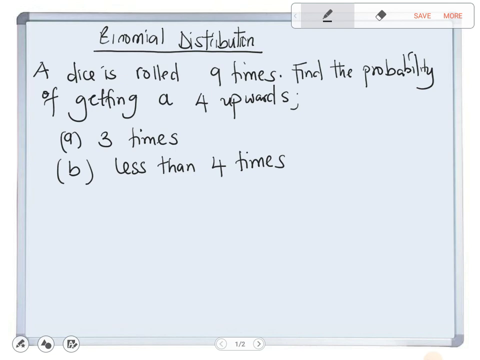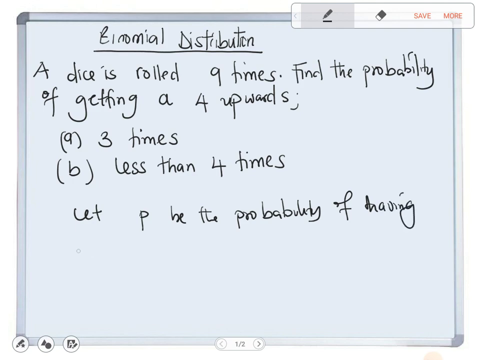The first thing that we need to understand about this question is that on a dice there are 6 numbers and 4 only appears once. So let P be the probability of having a 4 upwards.